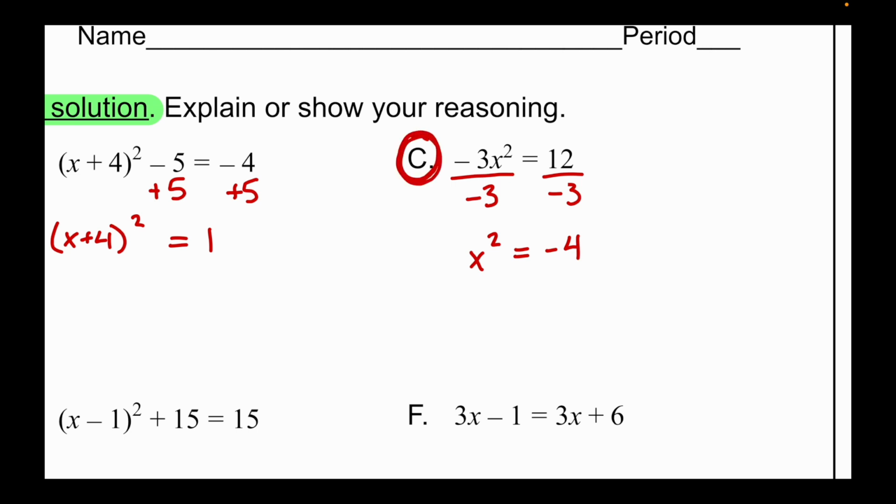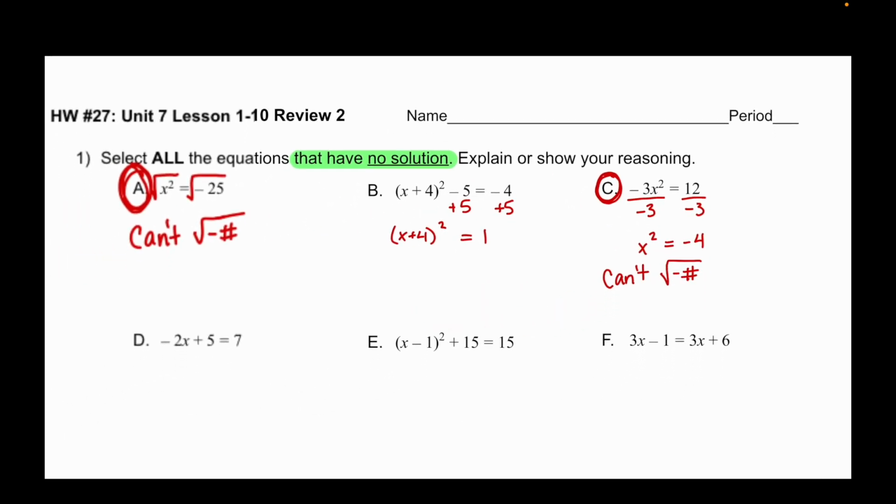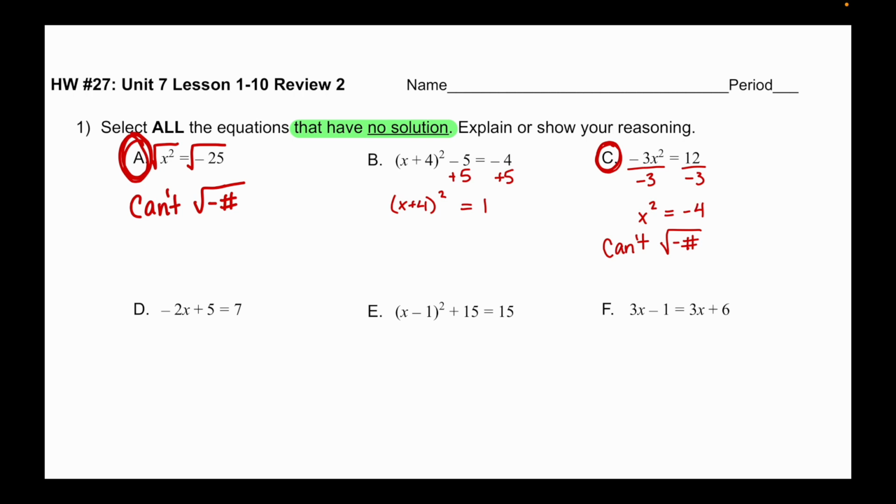So since I can't take the square root of a negative number, I'm going to say it's this one because we can't square root a negative number. So on the top row, the first one and the last one, we would end up taking the square root of a negative, and that's why those ones have no solution. It did ask us to explain or show, so I'm making sure that I do both.